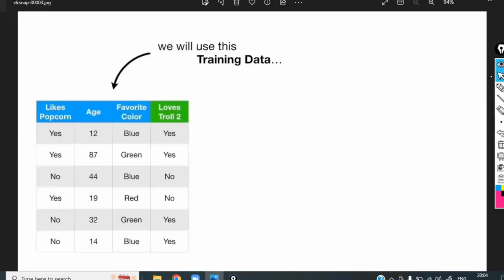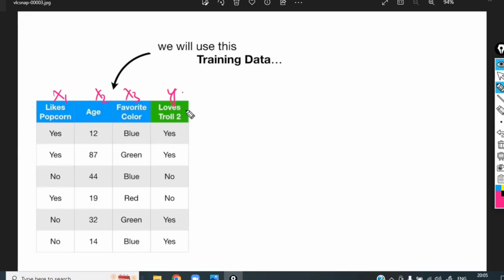Now here there is a small data set I have selected, where there are 3 variables, x1, x2, x3, and this is the output variable y. x1 is whether the person likes popcorn or not, yes or no. The second one is the age of the person. The third one is the person's favorite color.